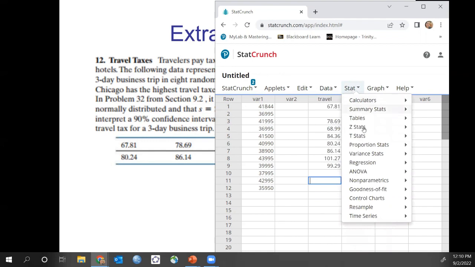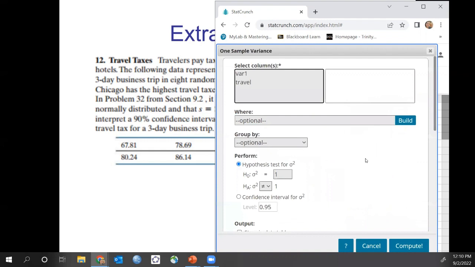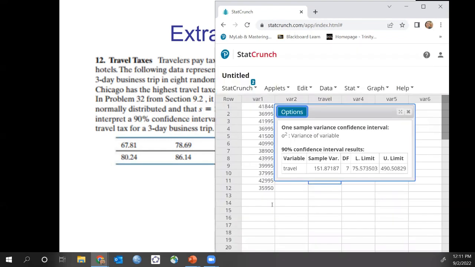We're going to go to stat, variance stat, one sample with data. I want to use my travel data, and I want to construct a 90% confidence interval. Okay, so what we're going to have to do is write these values down and then square root them so that we get the standard deviation.